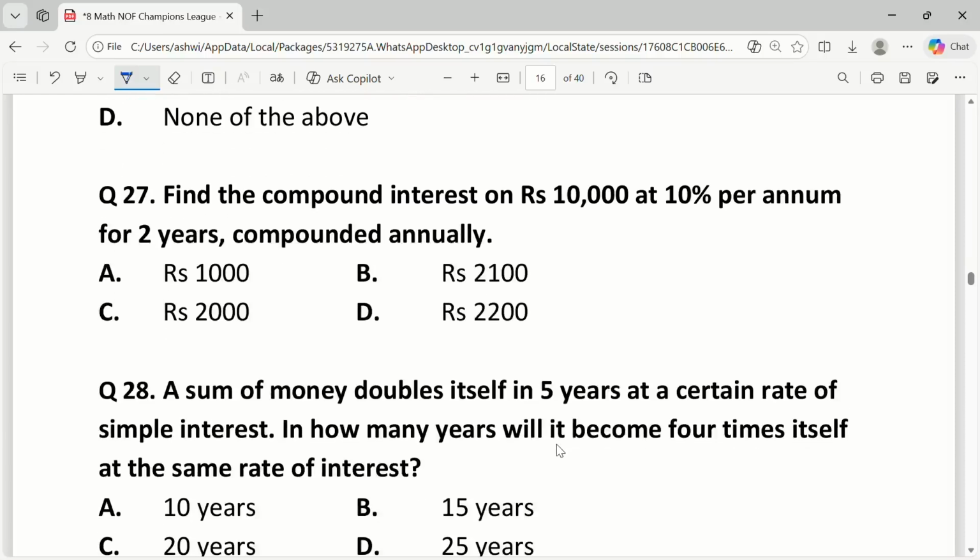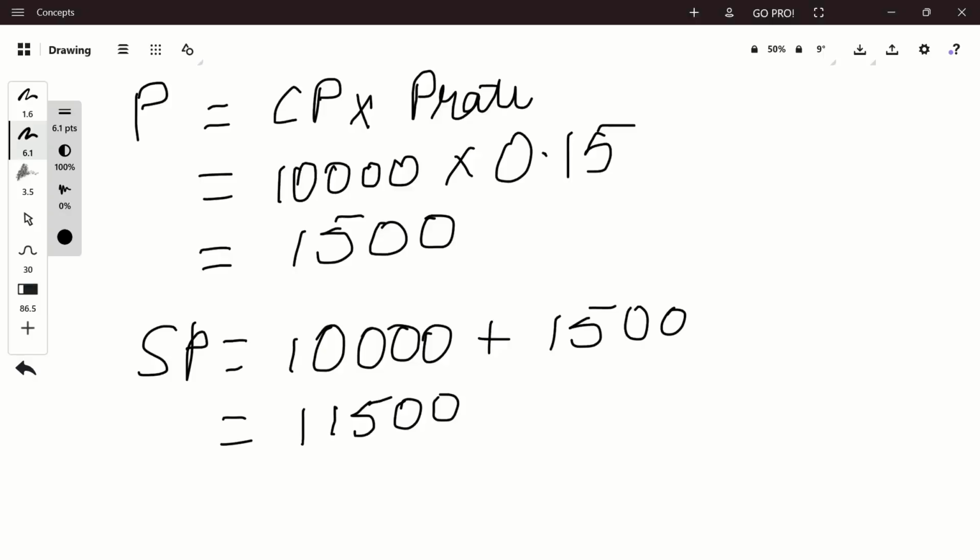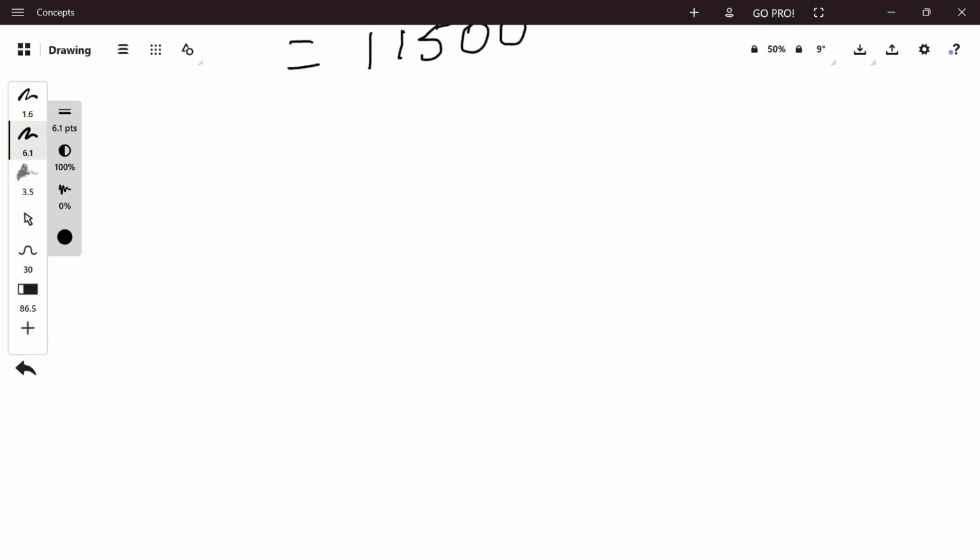Find the compound interest on rupees 10,000 at 10% per annum for 2 years compounded annually. The principal P is rupees 10,000, rate R is 10% per annum and time T is 2 years.